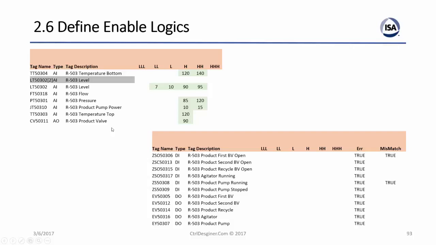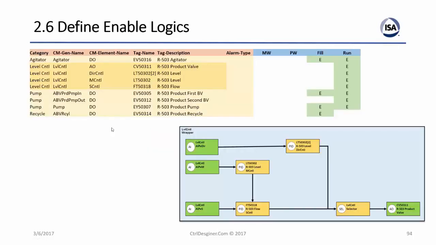Therefore, once we define this in our IO page, then we go and think about how we are going to enable them. For example, if you look at this agitator, we say the agitator should come in when we are filling and when we are running the process. The shutdown should go down. The control scenario, all of them should become enabled.